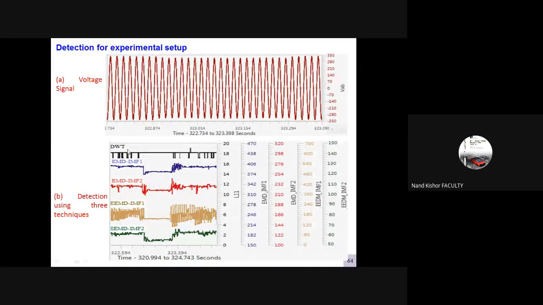However, you observe that the wavelet transform completely fails to detect the instant of the sag. In this case, we have shown the use of different IMFs: this is the conventional EMD using IMF 1 and 2, and this is the empirical EMD using IMF 1 and 2. So we have just shown the results using the different IMFs.